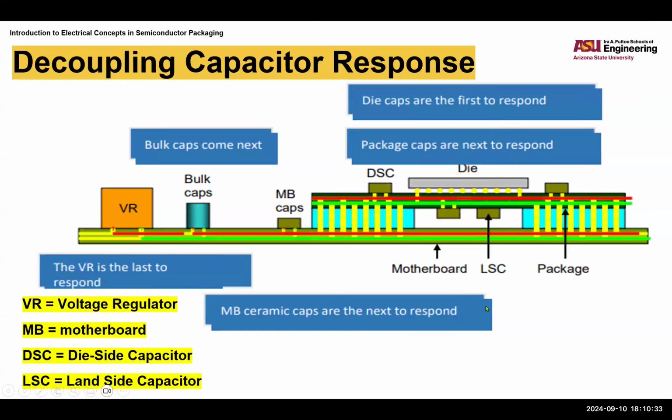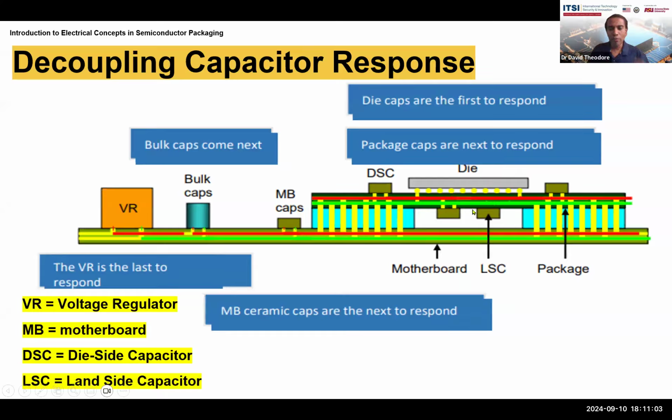You're welcome. Okay, so we talked about the fact that the die, when it's doing its logic operations, for instance, can suddenly ask for a high current. When it does, the voltage regulator, the power supply, is going to take a long time to respond. So you need to have storage of energy closer to the logic operating die, to respond as quickly as the die asks for electrical energy.